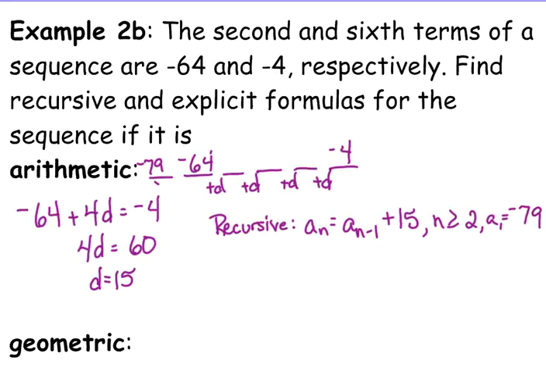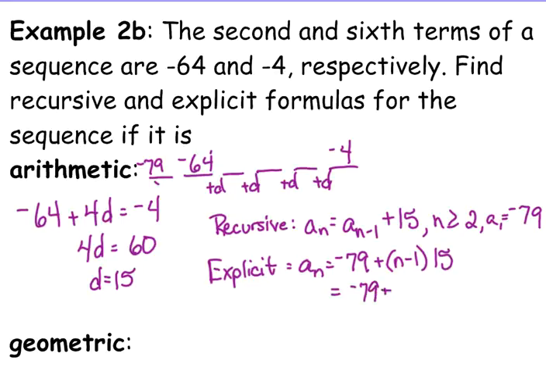Negative 79 plus 15 is negative 64. So my explicit, which I needed the first term for this one too, a sub n is equal to the first term plus n minus 1 times d, which is 15. Always simplify. So 15n minus 94.